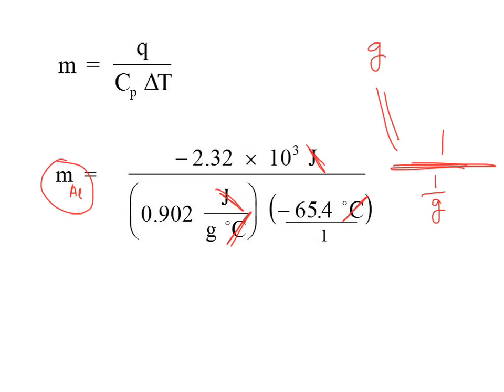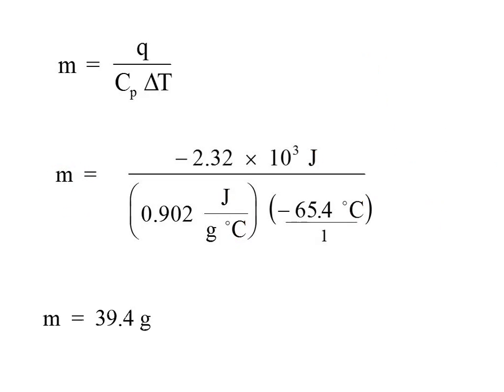Okay, so that's grams. All right, so round to 3 significant figures. And the mass of that hot aluminum must have been 39.4 grams in order to impart that change on that particular volume of water. I just think that is so cool. No pun intended.